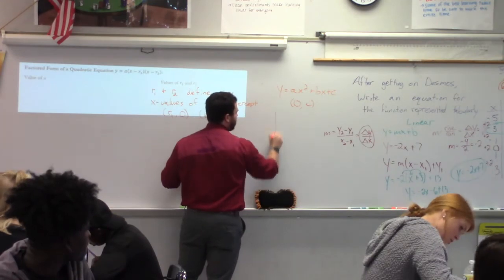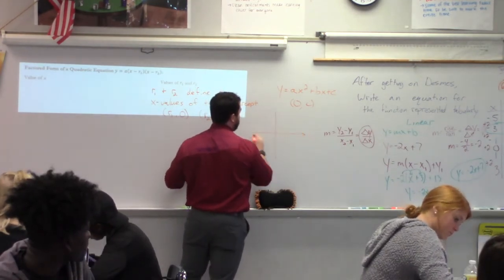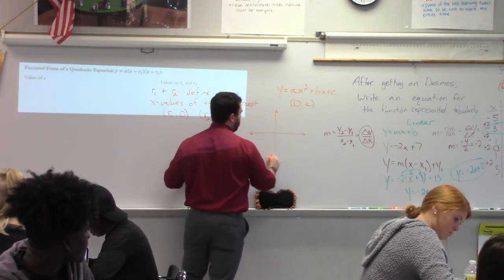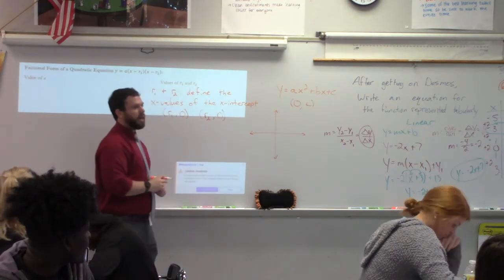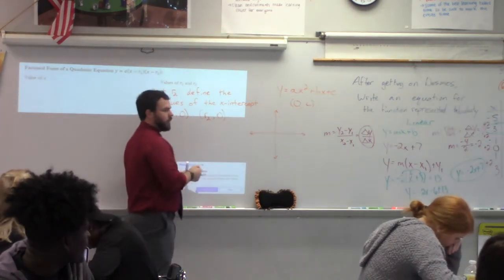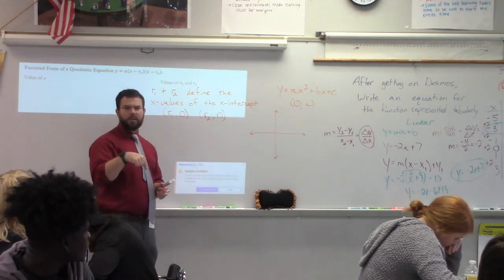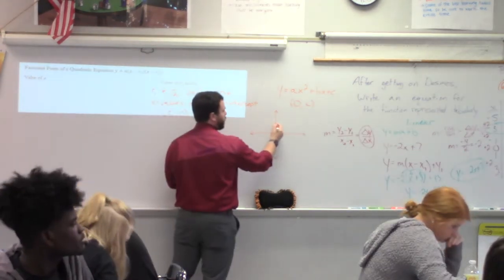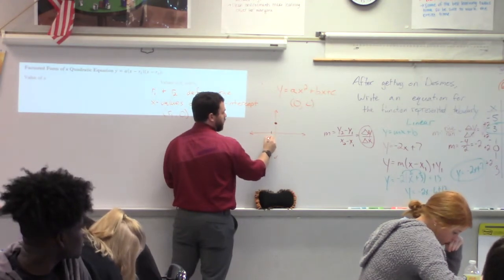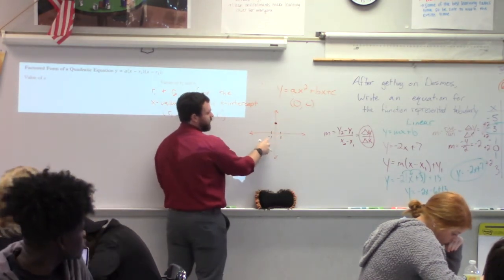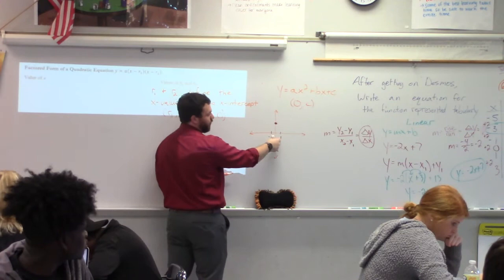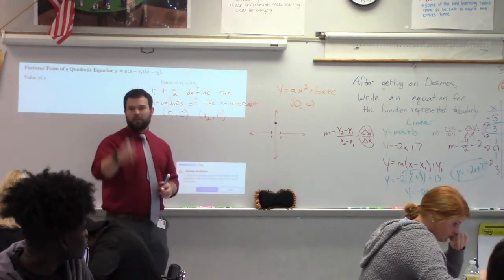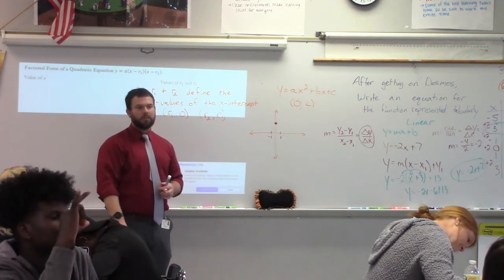And if that is a thing that's making you struggle to remember, it made me struggle to remember that for a long time, even through most of high school, until I realized: what again is a y-intercept? It's where the function intersects the y-axis. So if I'm looking right here, notice how the y-axis is in between an x value of -1 and an x value of 1. What number is in between -1 and 1? 0.